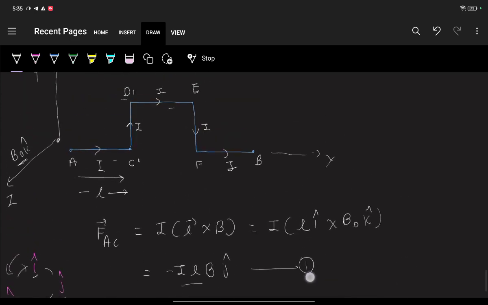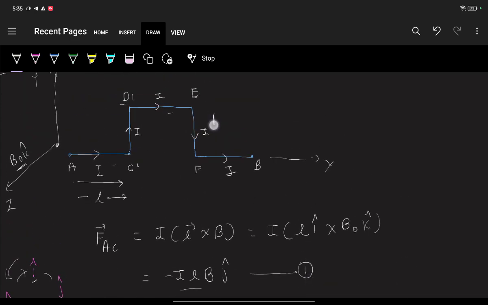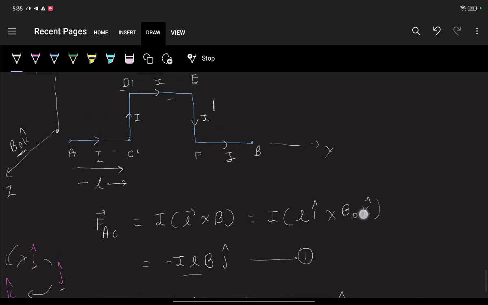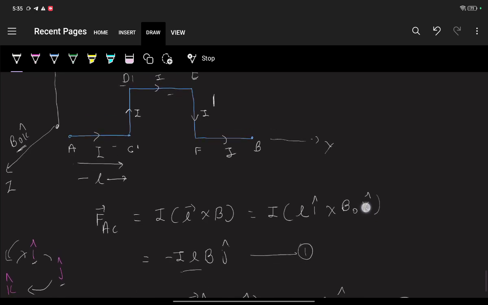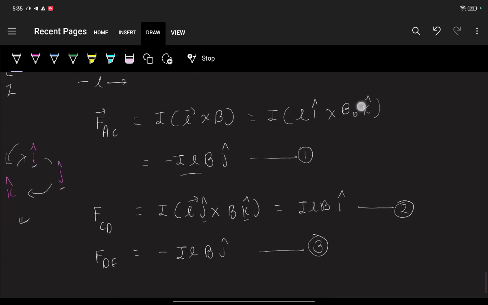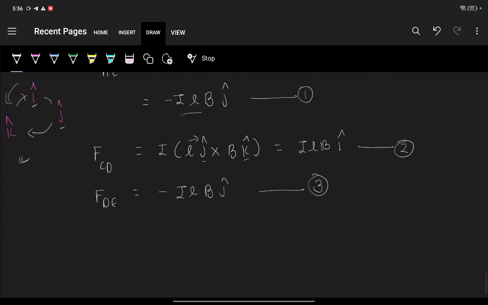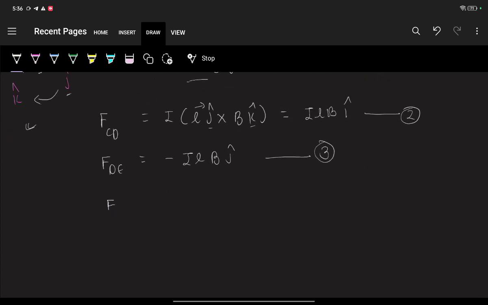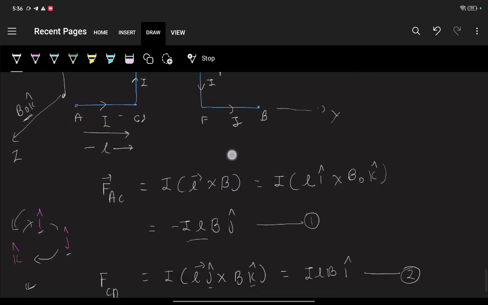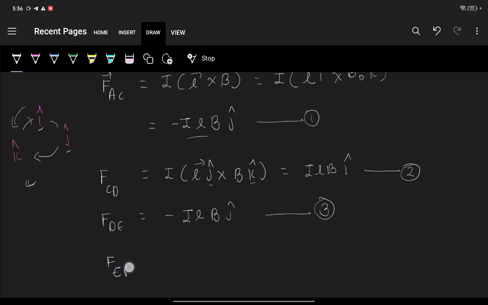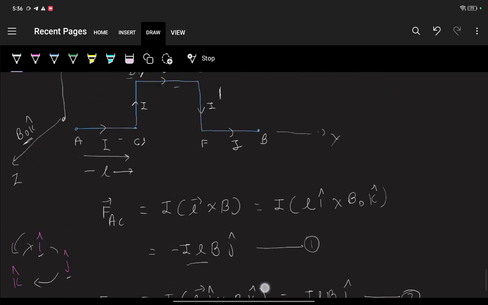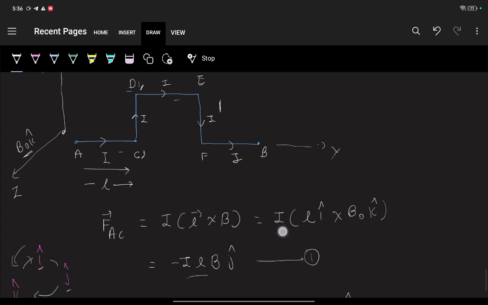Now what about this EF portion? Here the current's direction is downward, so the force would be equal to CD, but the sign would be negative. EF would be equal to CD but in opposite direction. What is the CD?